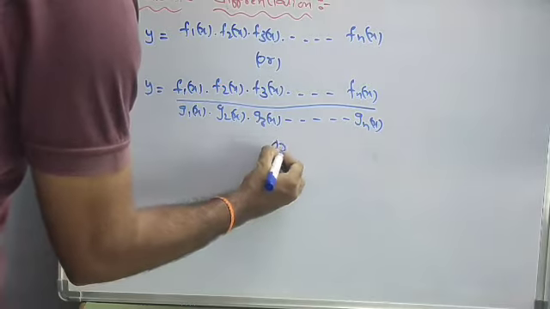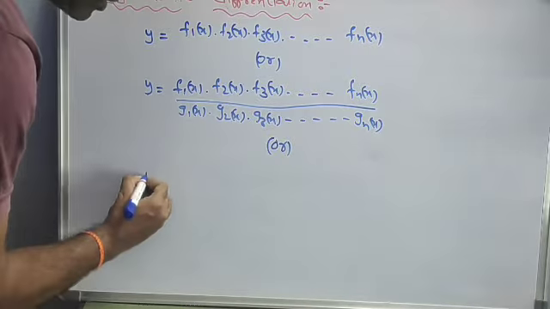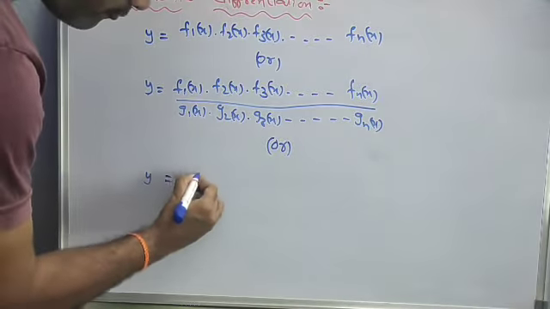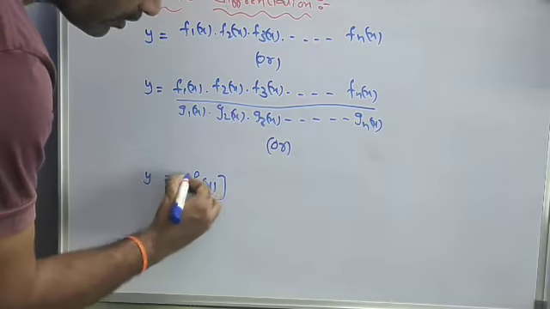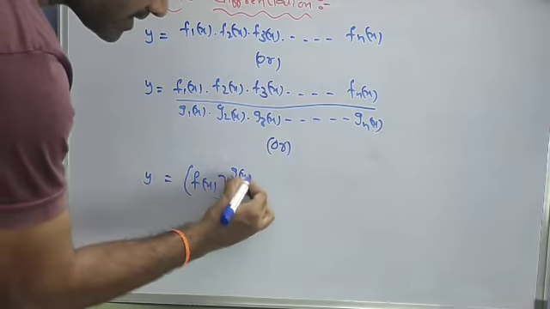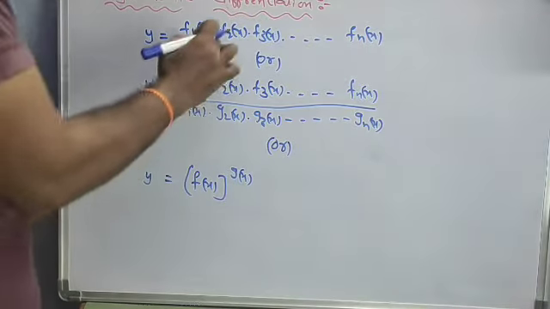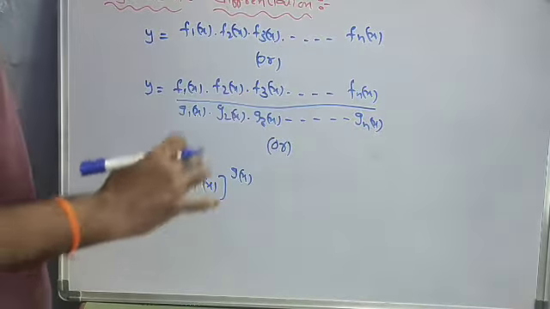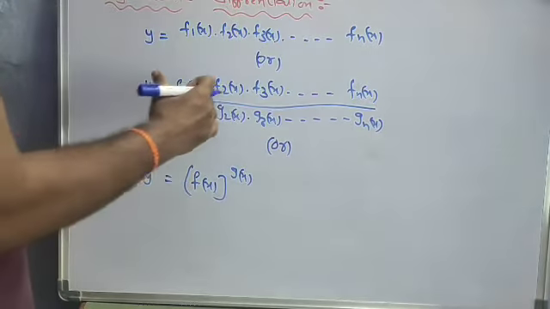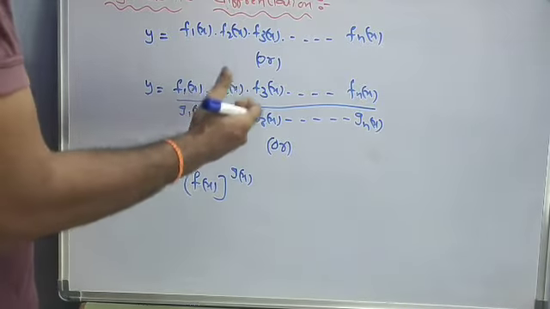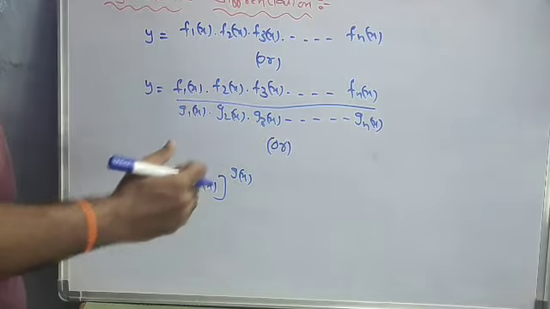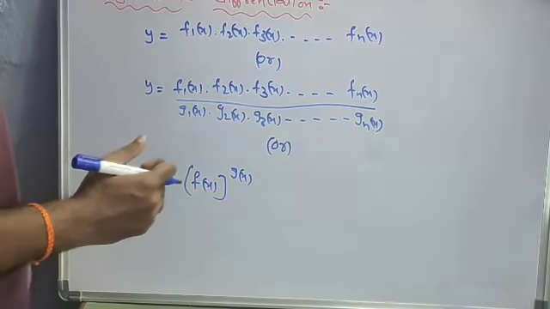Suppose the function is in the form of y equal to some f of x whole to the power of g of x, that means a power function, or otherwise suppose a product of n functions by, okay, that means division form, like that.